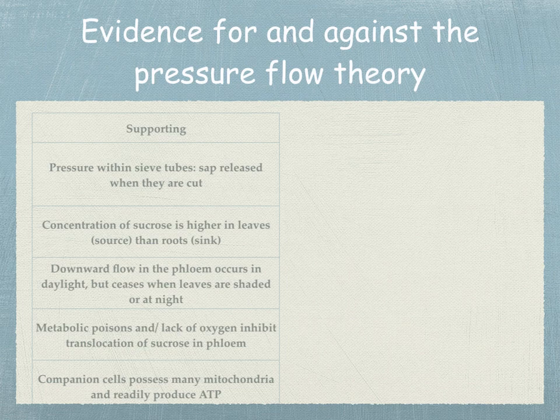Downward flow in the phloem occurs in daylight, but it ceases when the leaves are shaded or at night. Metabolic poisons and or oxygen inhibit translocation of sucrose in phloem. And companion cells possess many mitochondria and readily produce ATP.